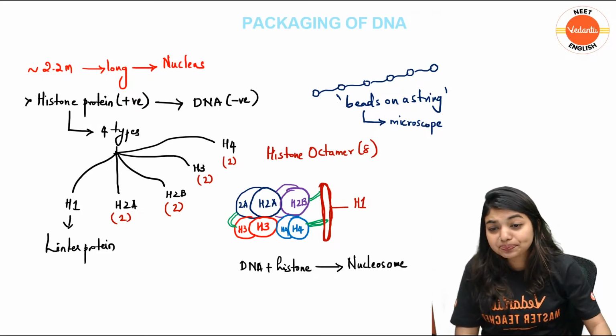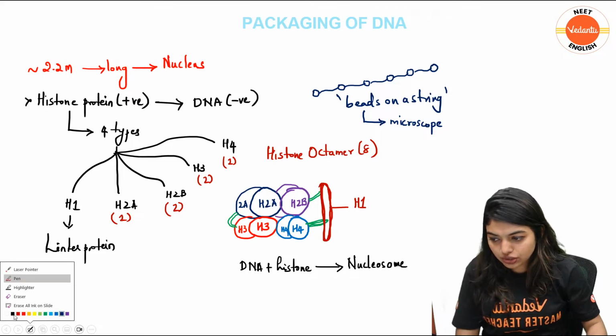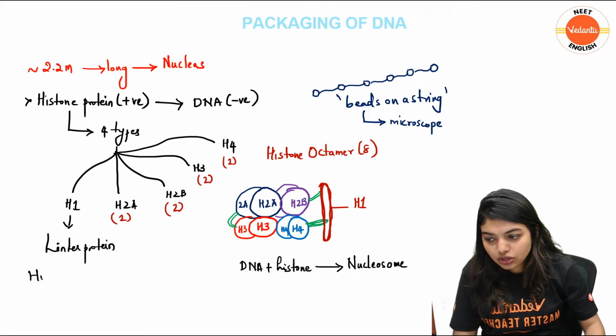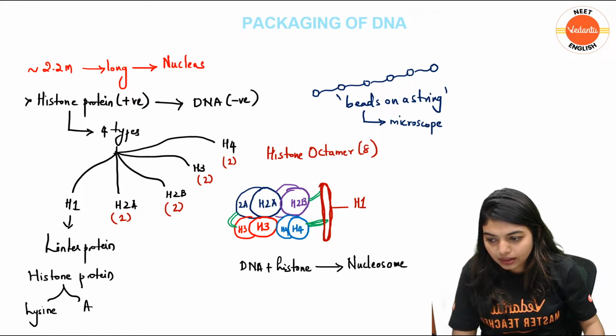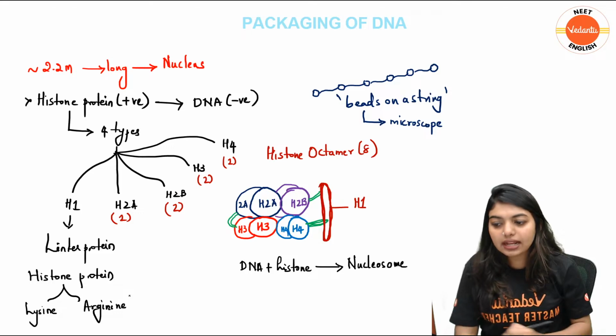Okay, now you have to know more about histones. Histones are proteins. Yes, I told you histones are proteins. These histones are made up mainly of 2 amino acids called lysine and arginine. Okay, lysine and arginine.